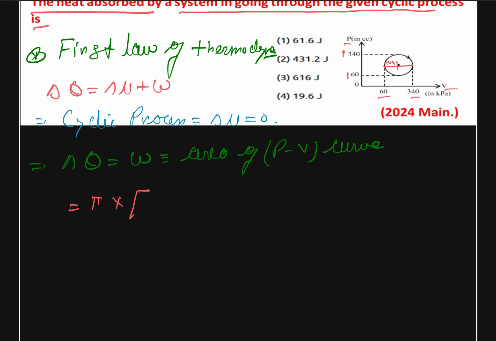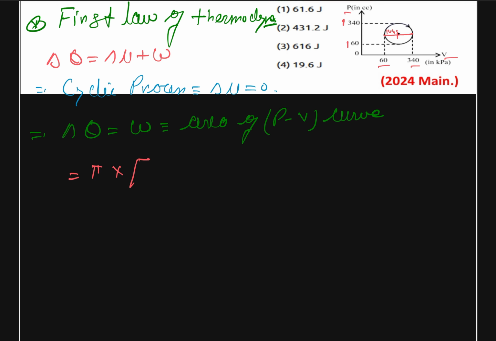Okay, yeah, that will be 140. So we can write this will be equal to 140 kilopascal, 10 to the power 3, and it is given in CC, so we can say this will be equal to 10 to the power minus 6 meter cube.